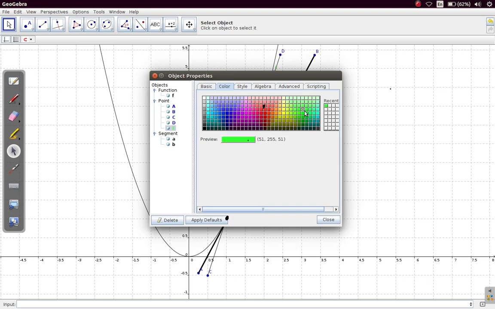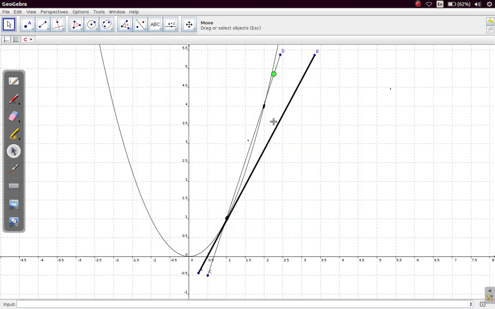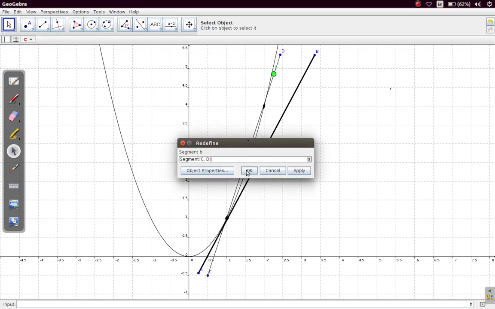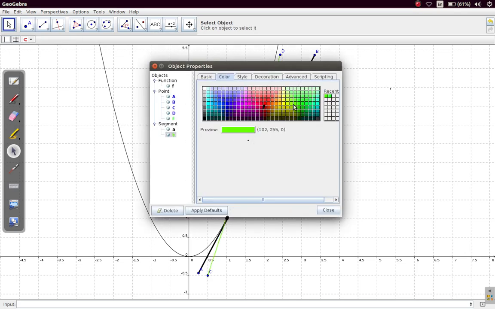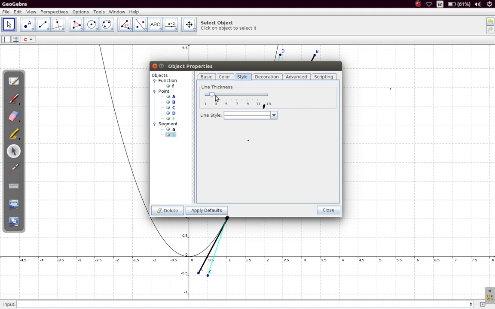Maybe the line kind of greenish. A darker green. Okay. And make the line very thick.